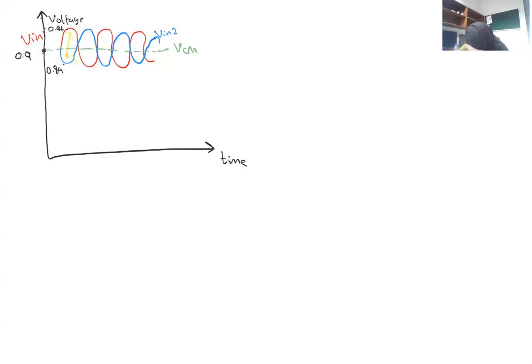You can see the peak to peak amplitude of the AC signal, but it's not around zero, it's around a certain DC voltage. And that DC voltage, we call it the common mode. That is the average of those two signals. Is that clear?